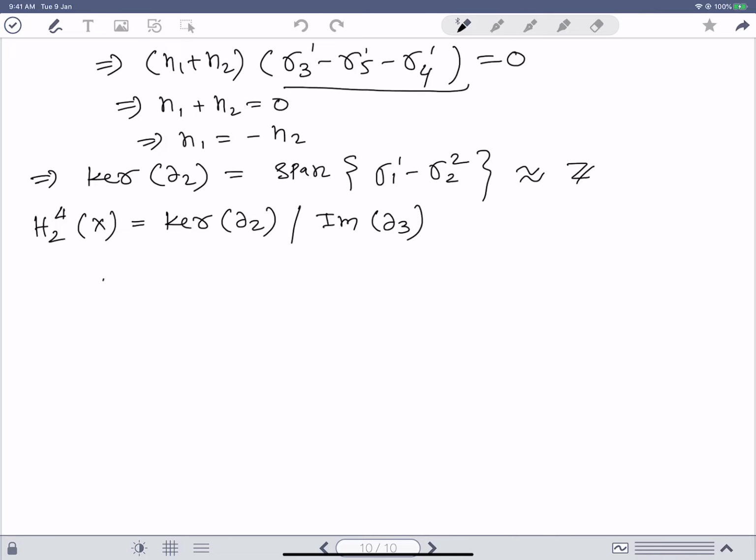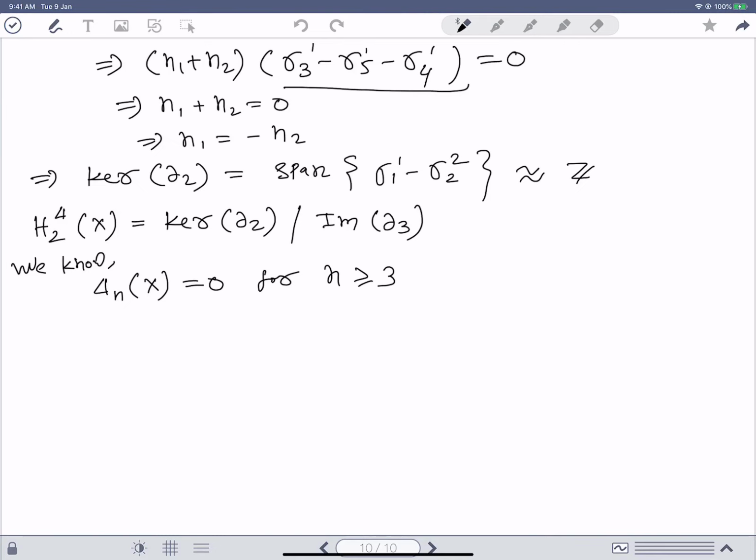So we know delta n X is 0 for n bigger or equal to 3, because X does not have any simplices of dimension 3 or more than 2.